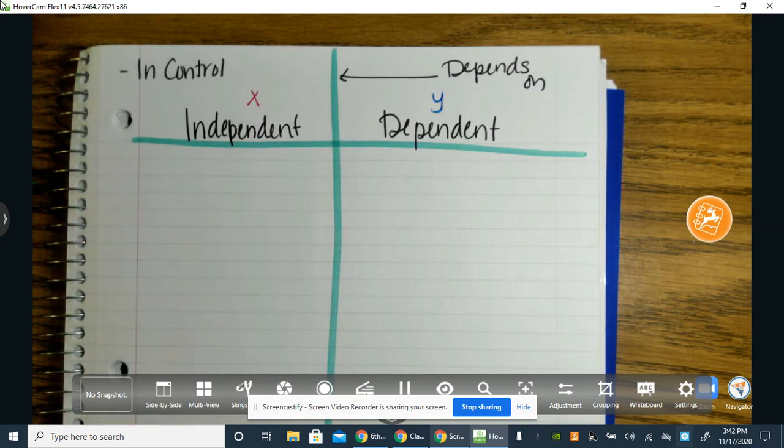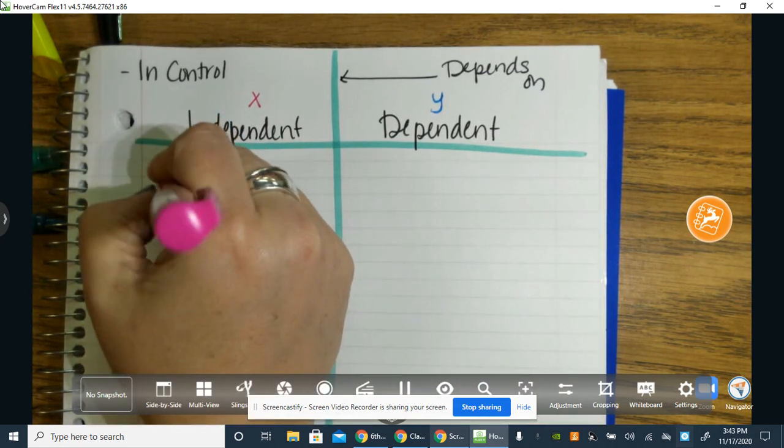Because when you set it up with your equations, with y equals mx plus b, or y equals, I believe it's ax or x plus a, your independent is always X, your dependent is Y. So when I'm looking at my independent variables, those are the variables that can stand alone.